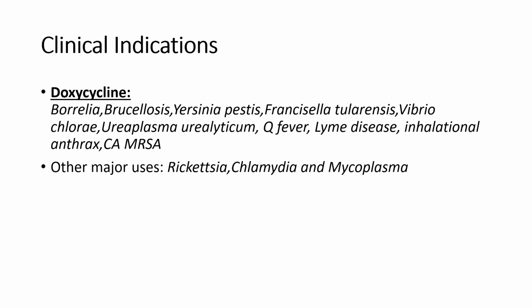Doxycycline is used for Borrelia, brucellosis, Yersinia pestis, Francisella tularensis, Vibrio cholerae, Ureaplasma urealyticum, Q fever, Lyme disease, inhalational anthrax, and community-acquired MRSA, methicillin-resistant Staphylococcus aureus. Other major uses are in rickettsia, chlamydia, and mycoplasma.